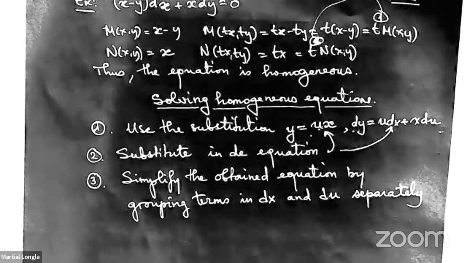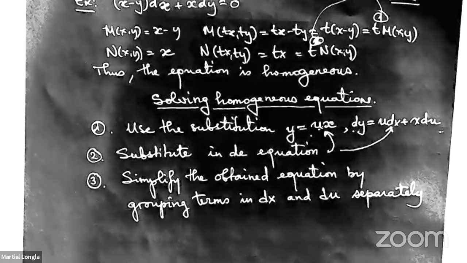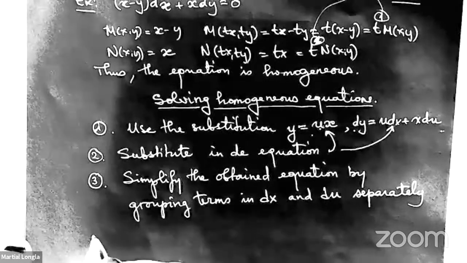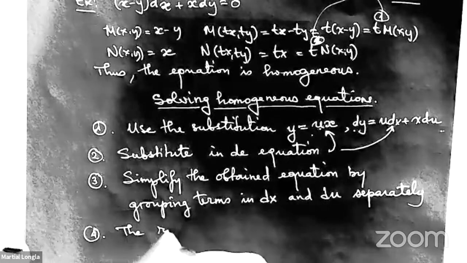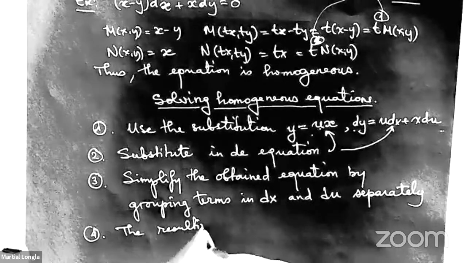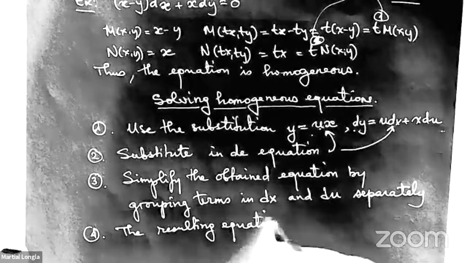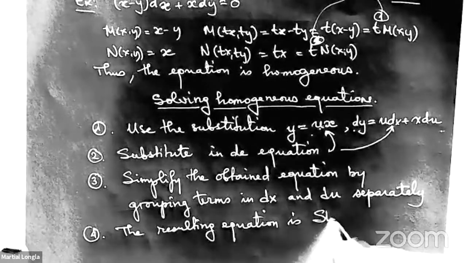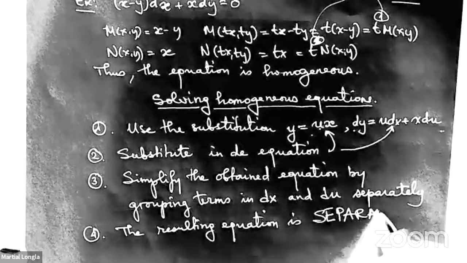So once you substitute in the equation, you group the terms that have dx and you group the terms that have du separately. The resulting equation is, and guess what? Our previous lecture, separable.